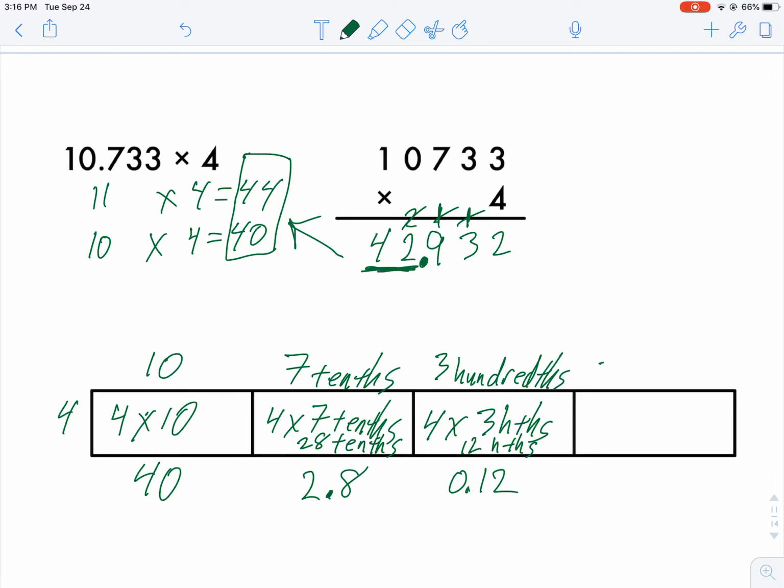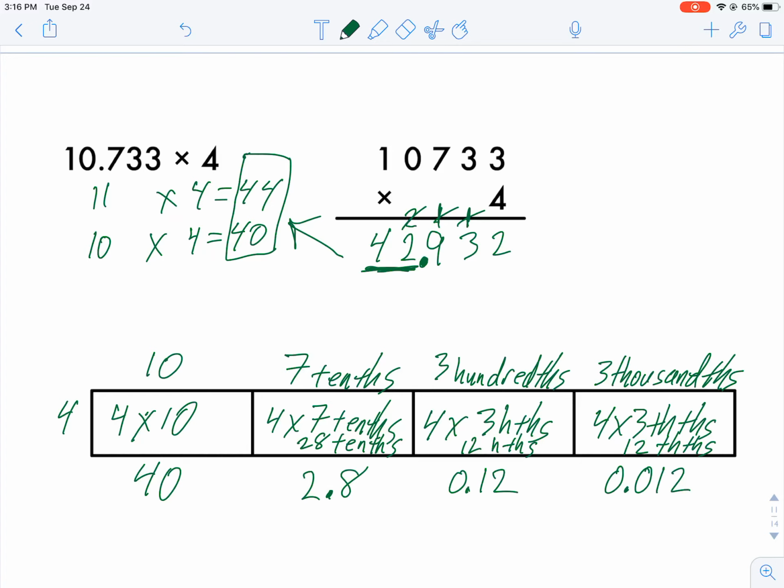And then we have thousandths. So it's 4 times 3 thousandths equals 12 thousandths, which looks like 0.012.